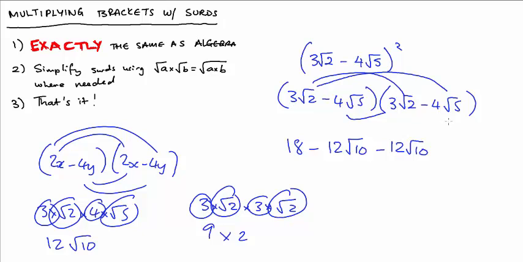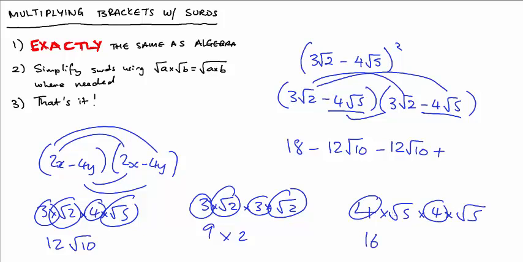Minus minus, remember, we're taking the signs with all of our things, so it's going to be a plus. We're doing 4 times √5 times 4 times √5. 4 times 4 is 16, √5 times √5 equals 5. So 16 times 5 is 80. Okay, and that's all it is.